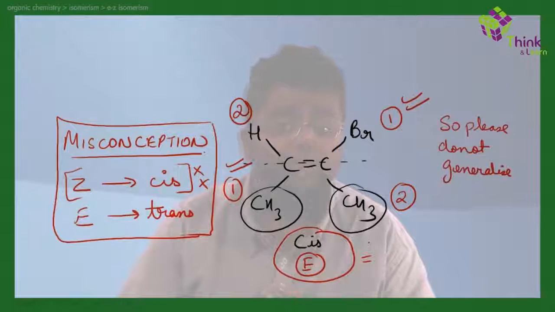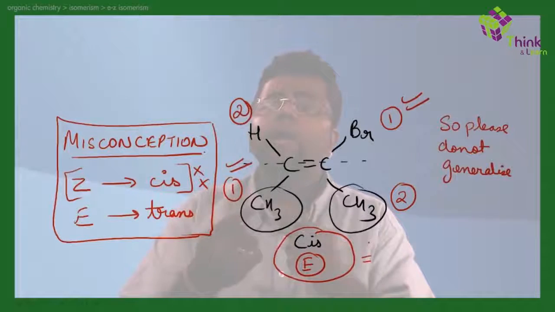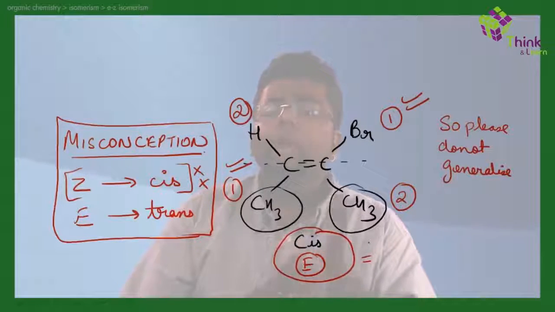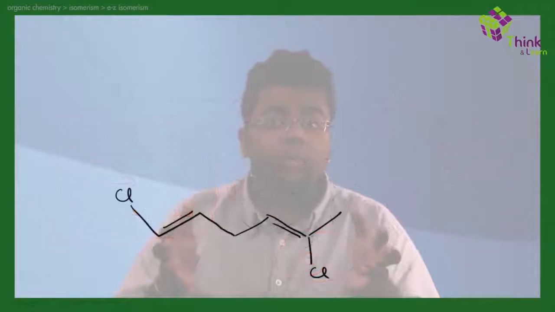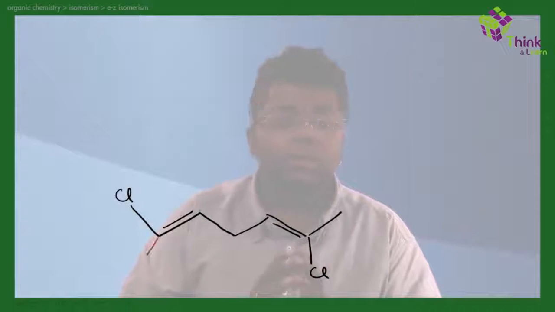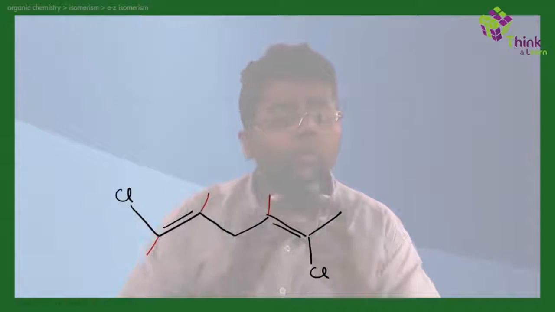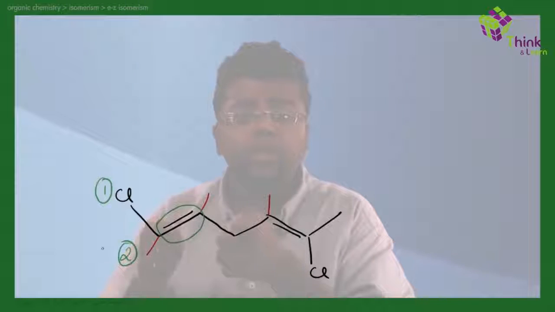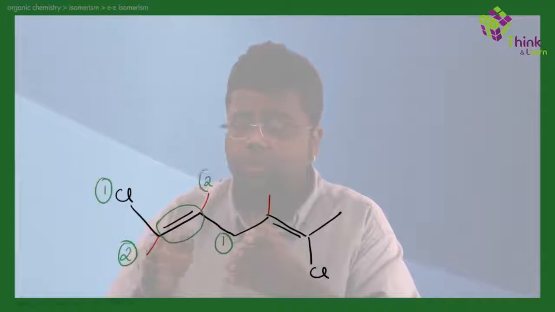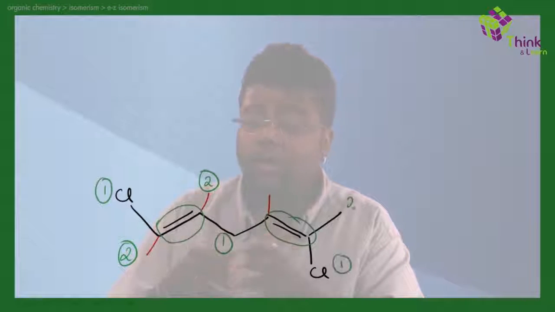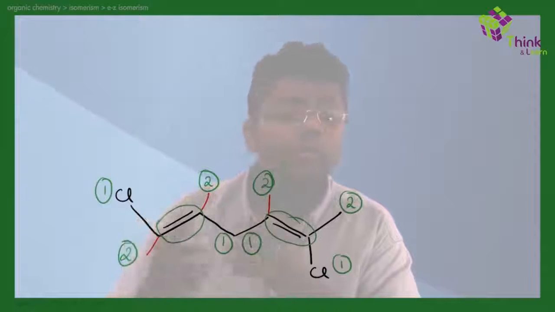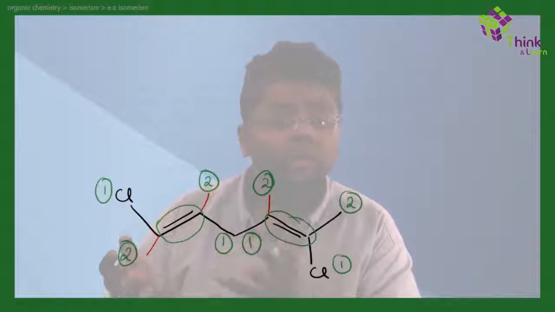Please don't generalize. Now, only complicating one more time, if in a particular compound I have two double bonds, then what do I do? You don't have to worry. Just fix one double bond as your reference and assign the priorities. If the groups are the same, then you can also have cis and trans.